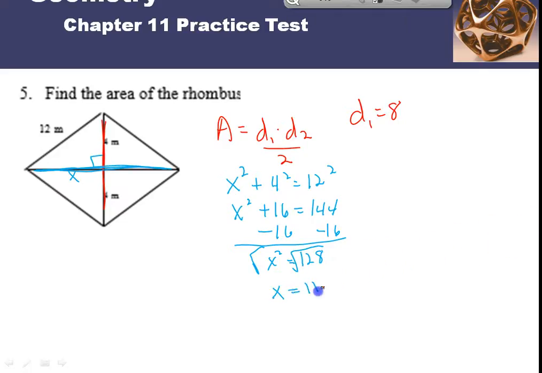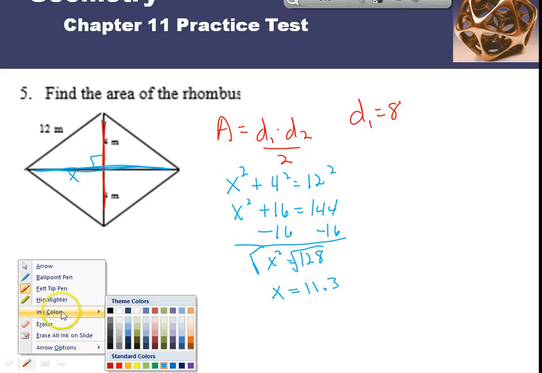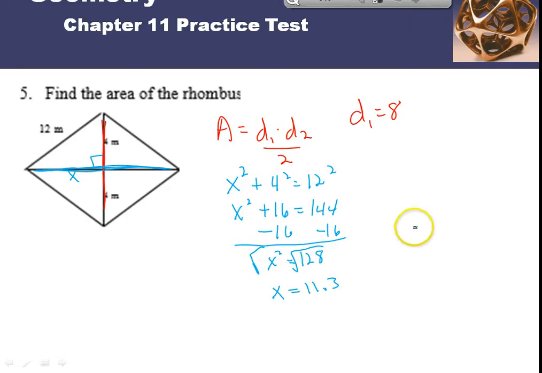So I get x is 11.3, and I'm going to change colors because this blue is hard for me to see the cursor with. There we go. Okay. So the diagonal 2 would be 11.3 plus 11.3, which would be 22.6.